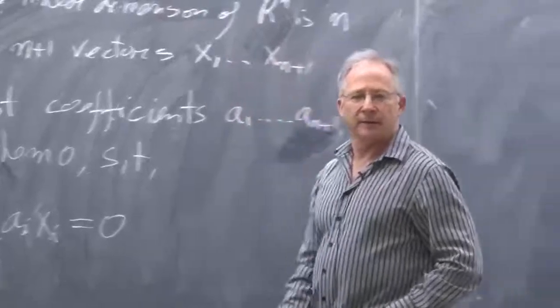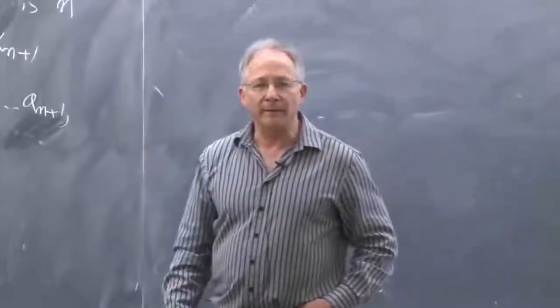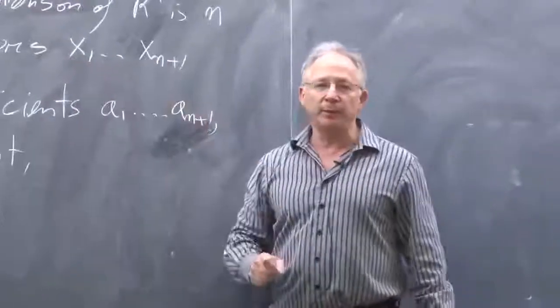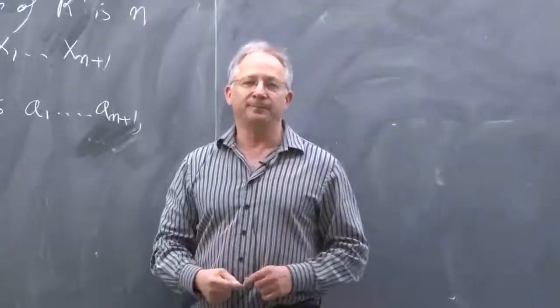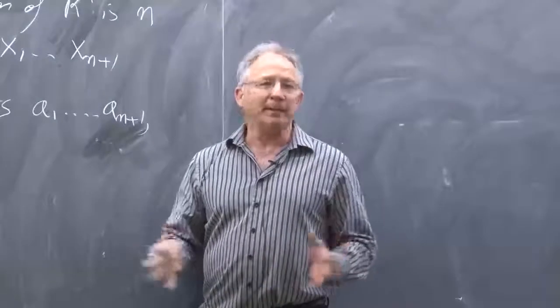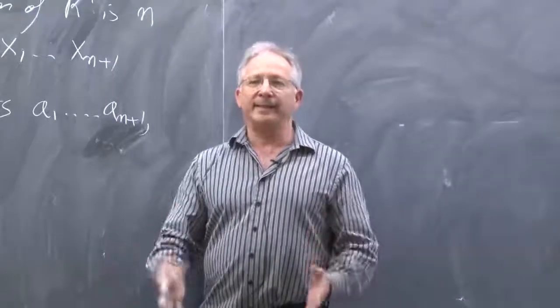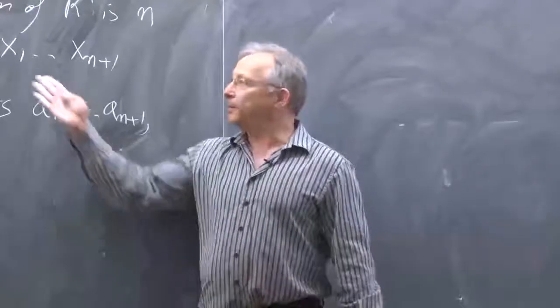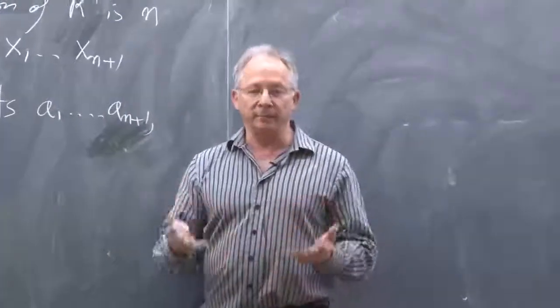Yes? Set has to be linearly independent. What? No. I'm claiming that any set of n plus 1 points is linearly dependent, no matter what set you pick. The maximum independent set is of size n. So any set of n plus 1 points is linearly dependent.